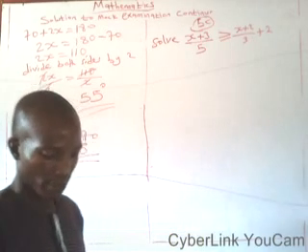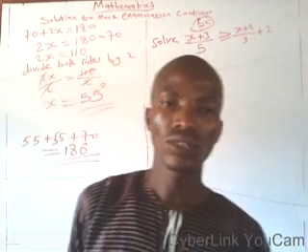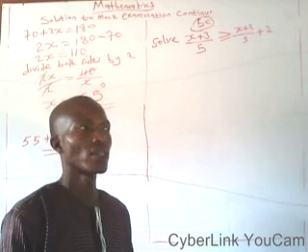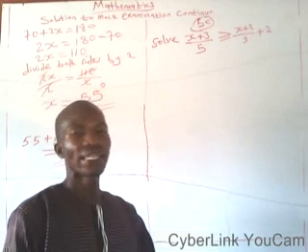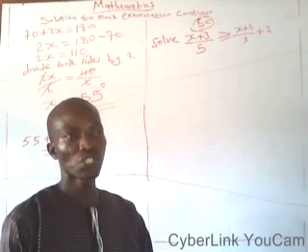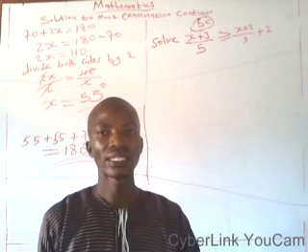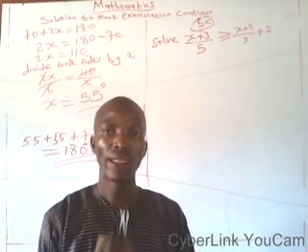Now, boys and girls, how do we go about this? It's just very simple. I've told you, anytime you are given a fraction equals to another fraction, in that case you cross multiply.